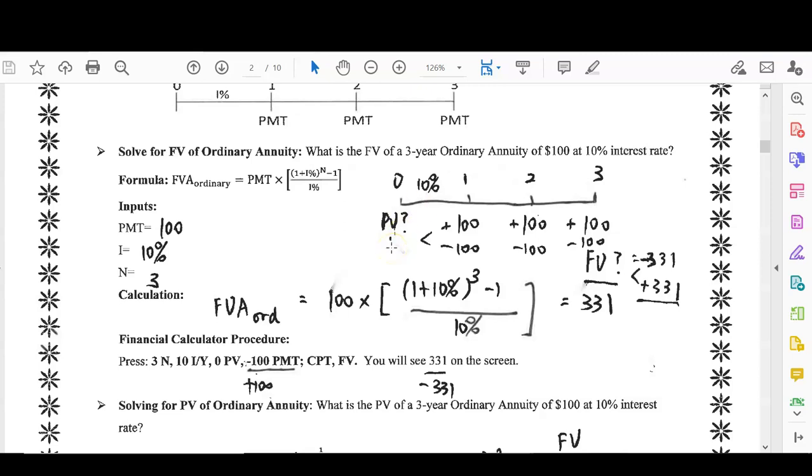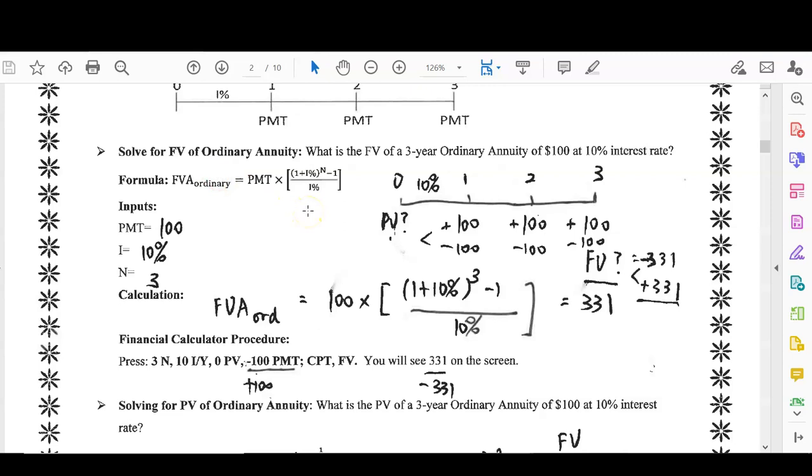Now we can calculate the value of the 3 100s. First let's look at the future value of these 3 100s.